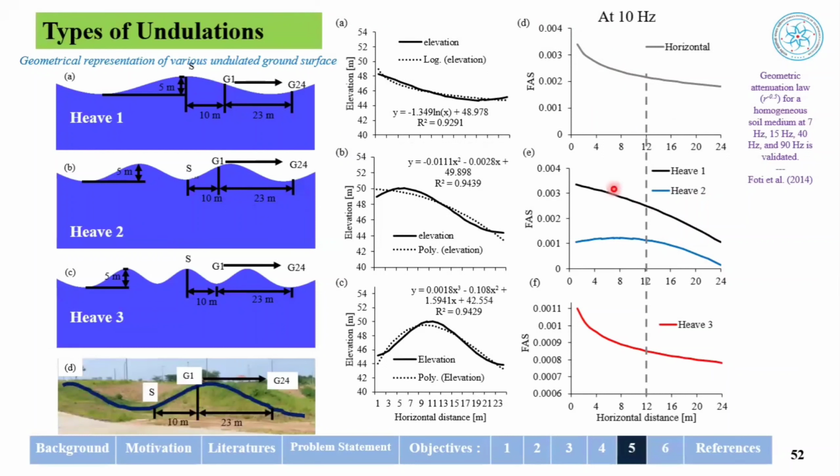In the case of heap 1, heap 2, and heap 3, after the 12th geophone the attenuation shows a similar pattern; before that, it shows a different pattern. So this indicates the responses are affected by these undulations, or the respective topography of these undulations.